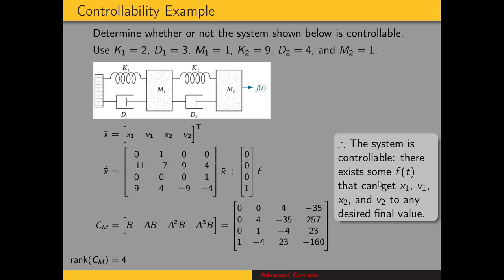That means that there exists some force, that's a function of time, that can bring all the state variables, x1, v1, x2, v2, from any desired initial values to any desired final values. So the controllability of a system is an important aspect to consider when using state space control methods.